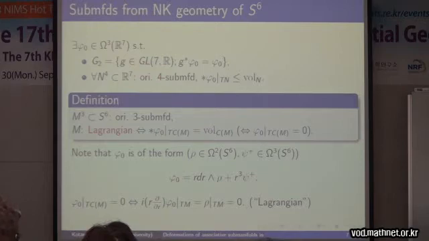As in the former case, there is a 3-form phi 0 on R7 such that the stabilizer of phi 0 is equal to the exceptional Lie group G2, and for each oriented 4-submanifold N, this inequality holds. Here star is the Hodge star operator, so star phi 0 is a 4-form on R7.